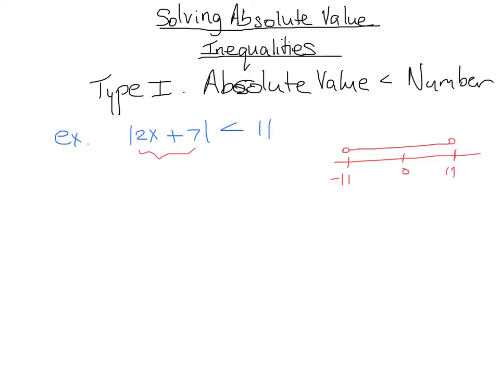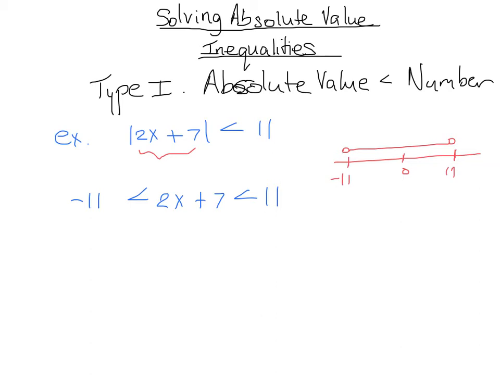Which means that now we can rewrite our inequality to show that 2x plus 7 has to be between negative 11 and positive 11. So once we understand that, now it becomes just a compound inequality.